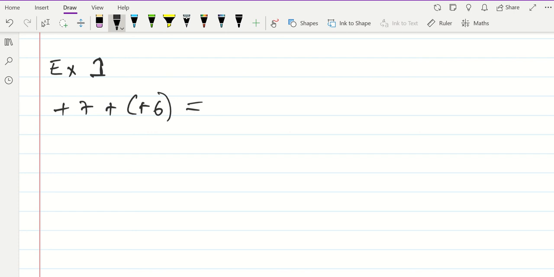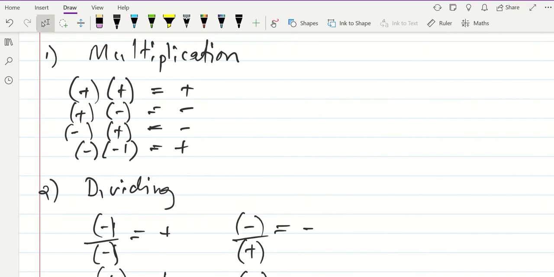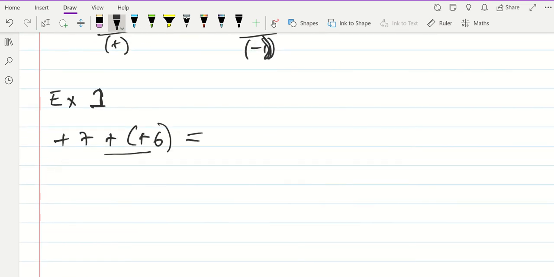And from the rule that I just showed you, when you have a positive multiplying another positive, you get another positive. So in essence, you could just write this as 7 plus 6. And this would simplify to become 13. And you have solved example 1.